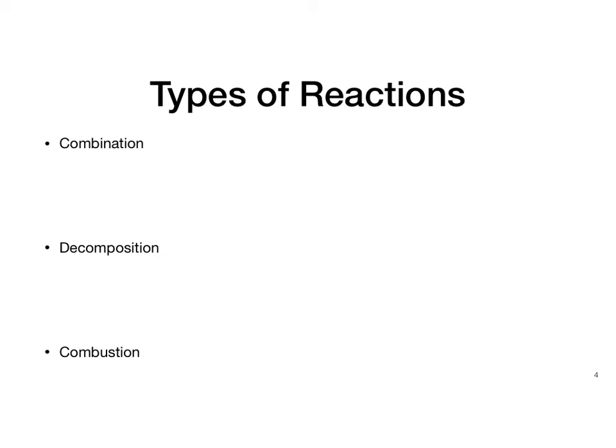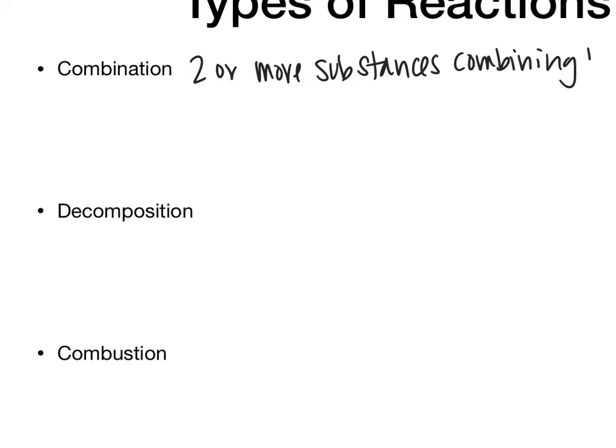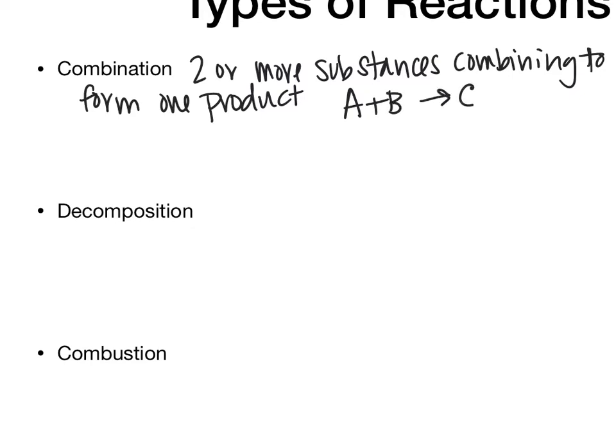So a combination reaction is 2 or more substances combining to form one product. What does that mean? A plus B gives us C.